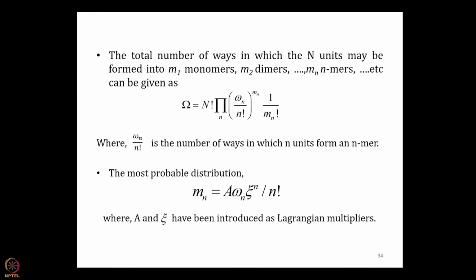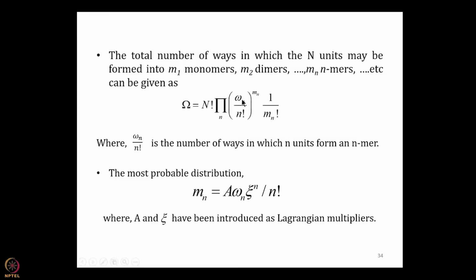So all we need to find out is how many ways I can form these things, and then that is exactly Mayer's theory: omega_n to the power m_n divided by m_n factorial. Omega_n is what we call b_l or Mayer's cluster integrals. So it is exactly the Mayer partition function. And then we need to know what the Mayer b_l is.